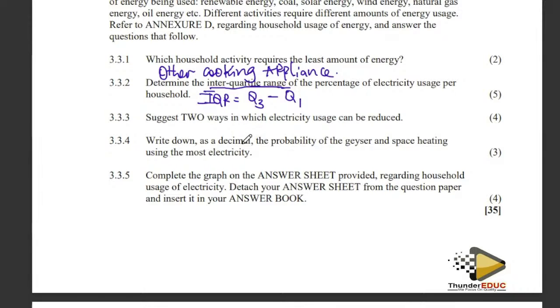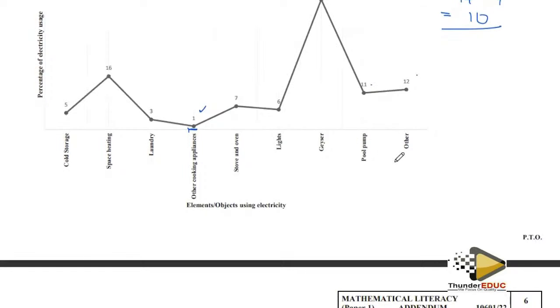All right, write down as a decimal the probability of a geyser and space heating using the most electricity. Now, probability is sample over population. Let's go to our next page. They are telling us to look at the geyser and space heating probability.